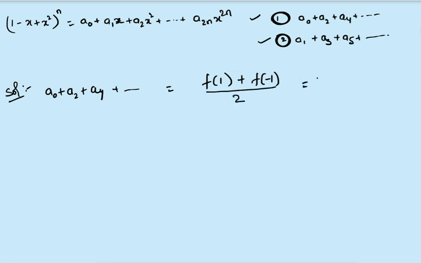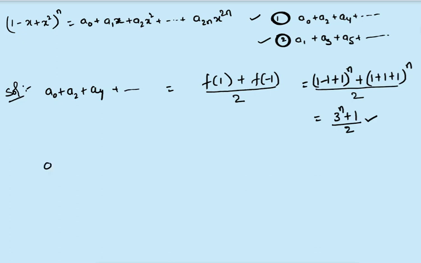So that is nothing but (1 - 1 + 1) to the power of n plus (1 + 1 + 1) to the power of n, because in place of x we are substituting minus 1, divided by 2. So we are getting the answer as (3^n + 1) divided by 2.